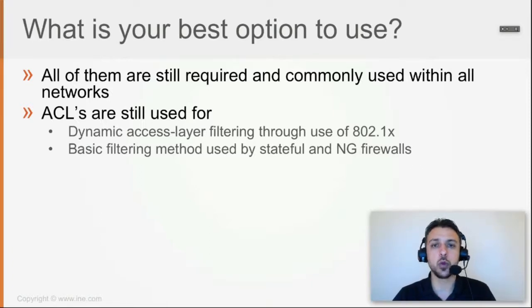What this means is that your users and all of your endpoints connected to the network are authenticated via MAB or 802.1X. Authentication is done via RADIUS, and then the RADIUS server pushes to the switch or to the access point an access list, which is applied on a layer 2 port, so a PACL, which controls what traffic the connected endpoint or user can send in the network. So the stateless packet filters are still useful and heavily used.